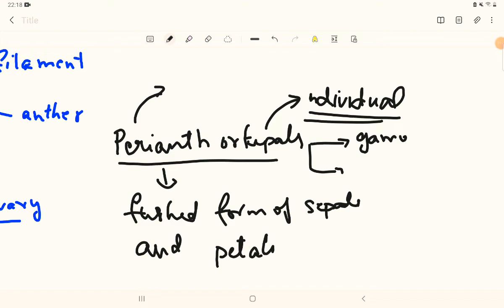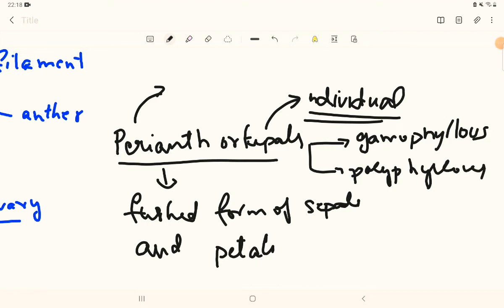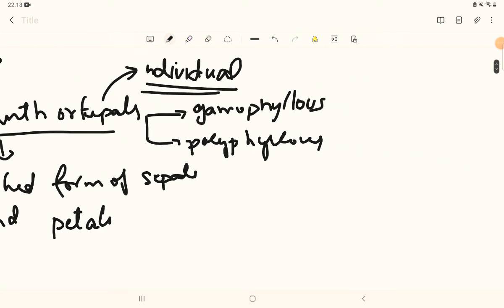Next, we have 2 types, the same: gamophyllous or polyphyllous. Same, fused condition of tepals, and non-fused condition of tepals.